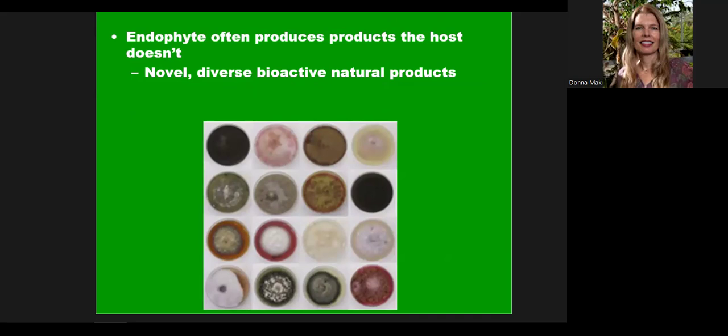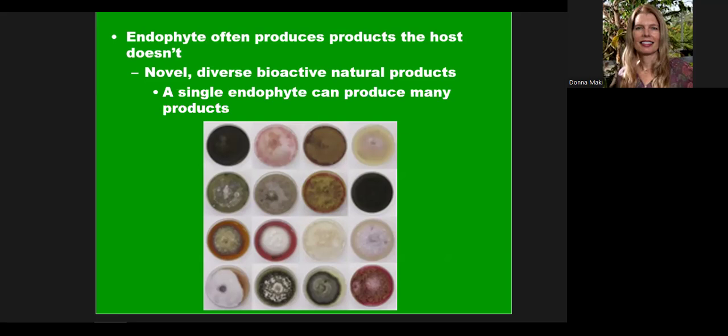And then, of course, a lot of Gary Strobel's work is, if we can find out what these drugs are, maybe they have human medicine applications or medicine for other animals. And then they discovered that one endophyte can actually produce more than one drug, more than one interesting chemical.